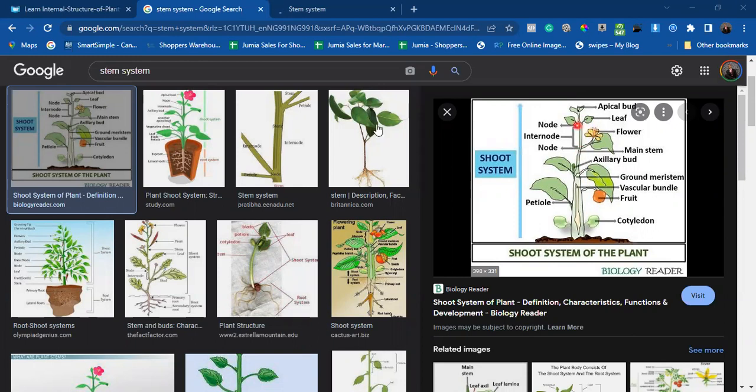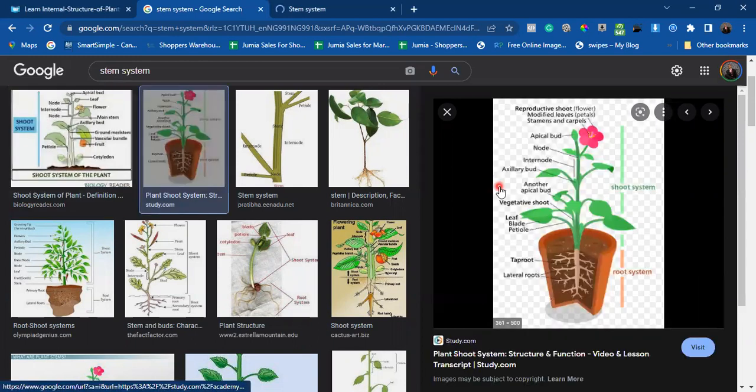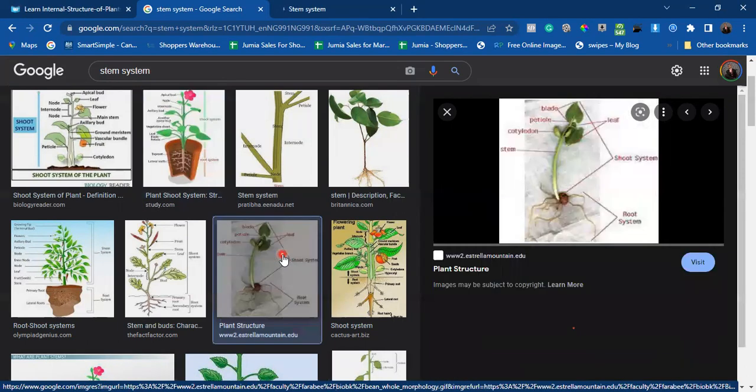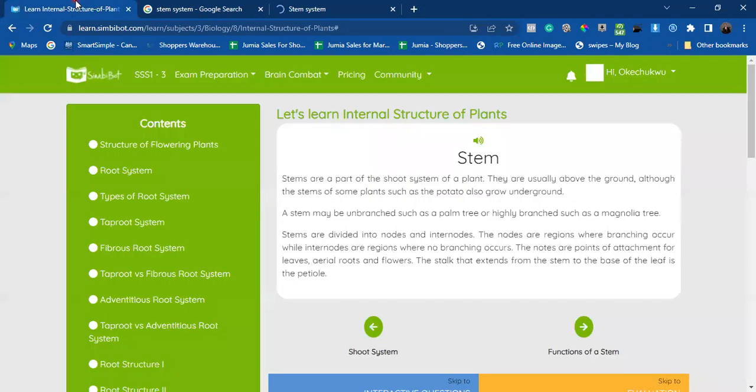They're called the internode. Let me show you another example. You see the internode, extensions, the node, the connecting part. So take note. All right. We have the buds. The buds are more like the newly formed leaves. Okay. So let's move on.